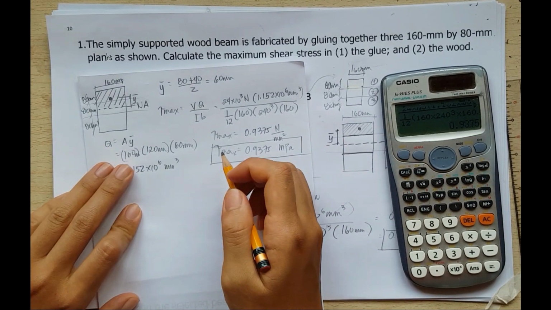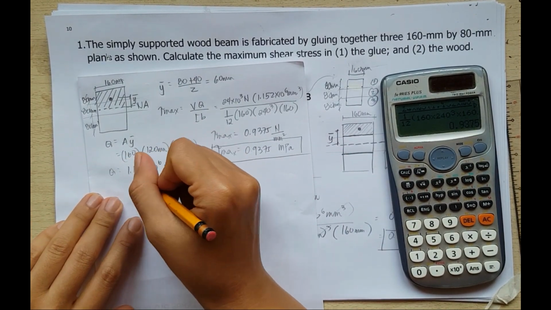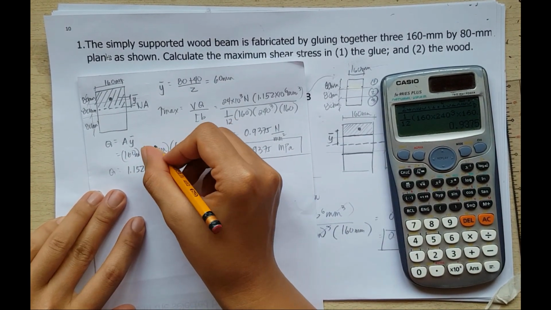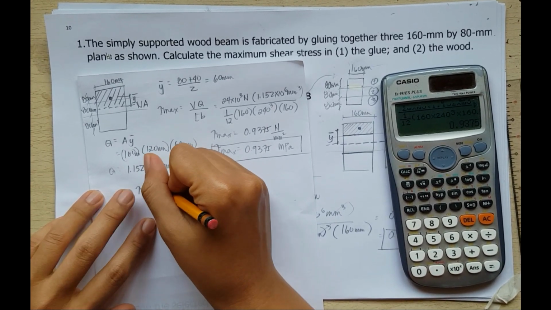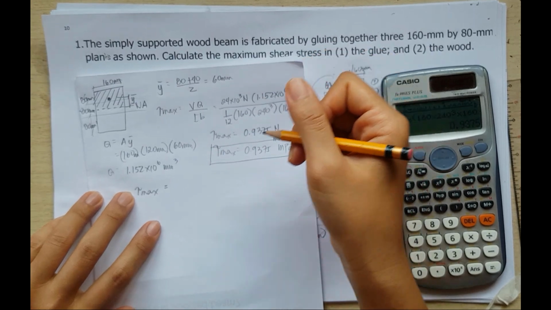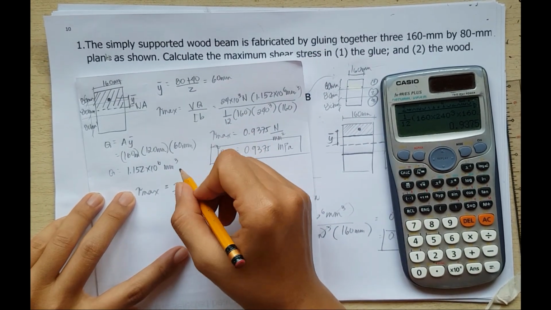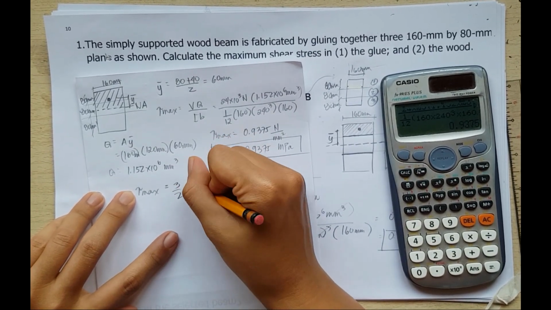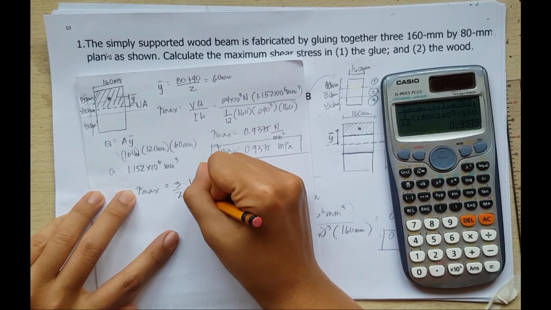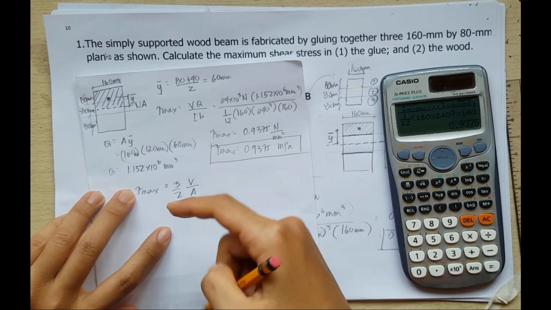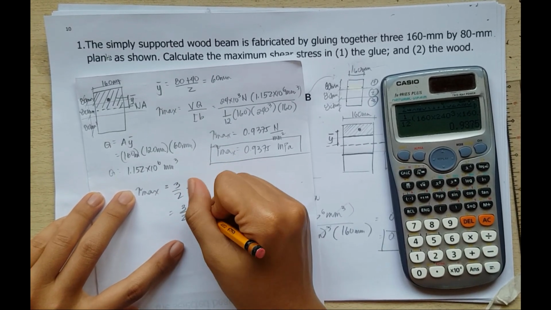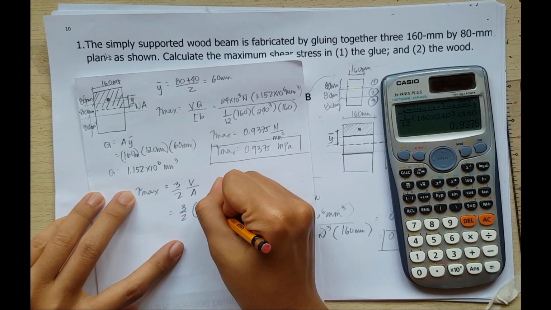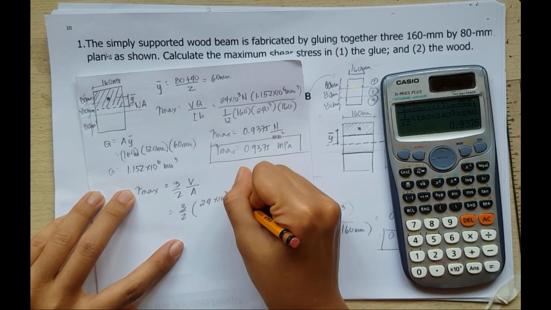And as I have introduced earlier, for a rectangular section, we have an equation exclusively for rectangular sections, which is equal to 3 halves of V all over A. So, let's try if they have the same answer. So, we have 3 all over 2. The maximum shear is 24 times 10 raised to 3 Newton.